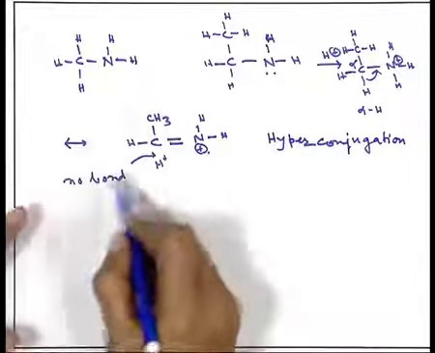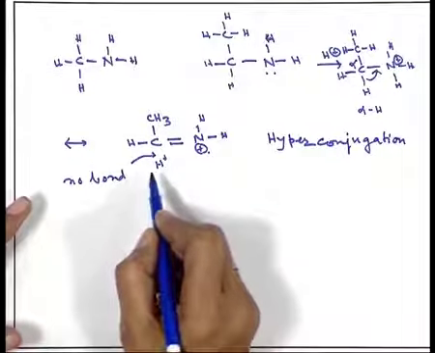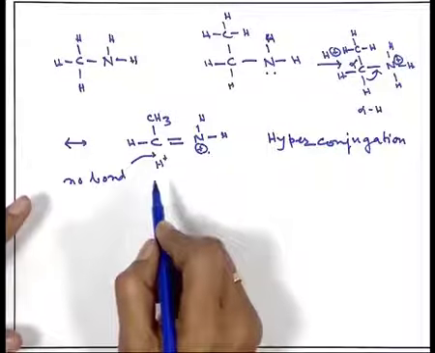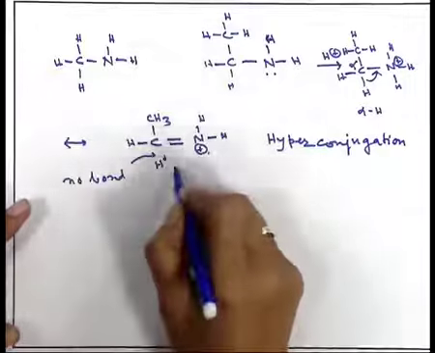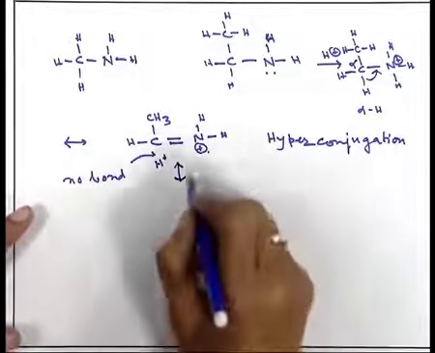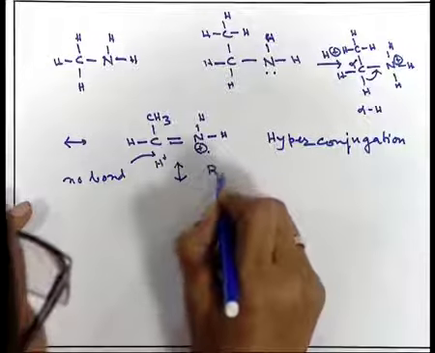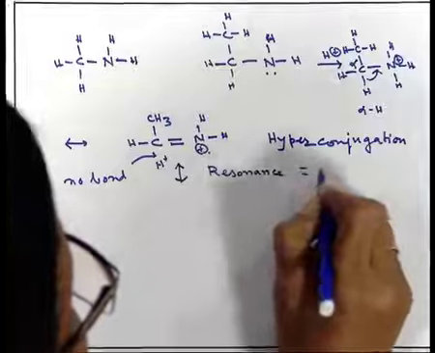I have written a term no bond: the hydrogen is there, H plus is being held over there, but there is no bond between carbon and hydrogen, and partially the bond has shifted. This type of thing we should write with a double headed arrow, which is the symbol for resonance or electron delocalization.